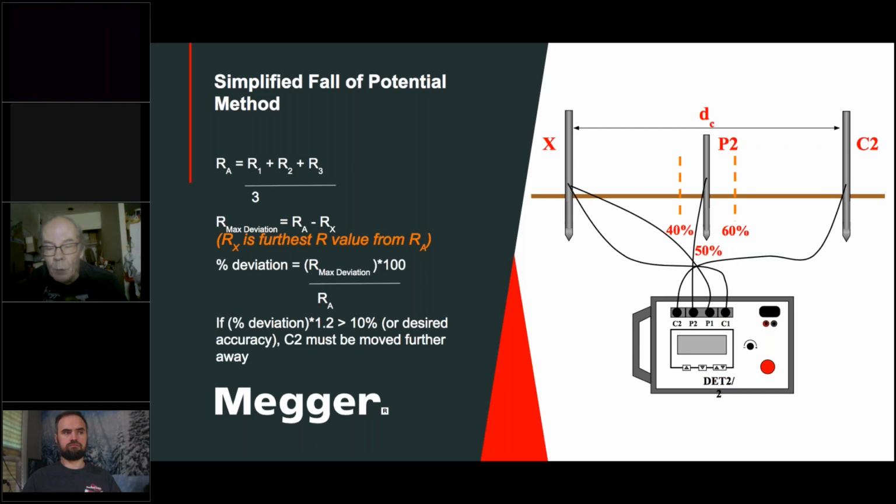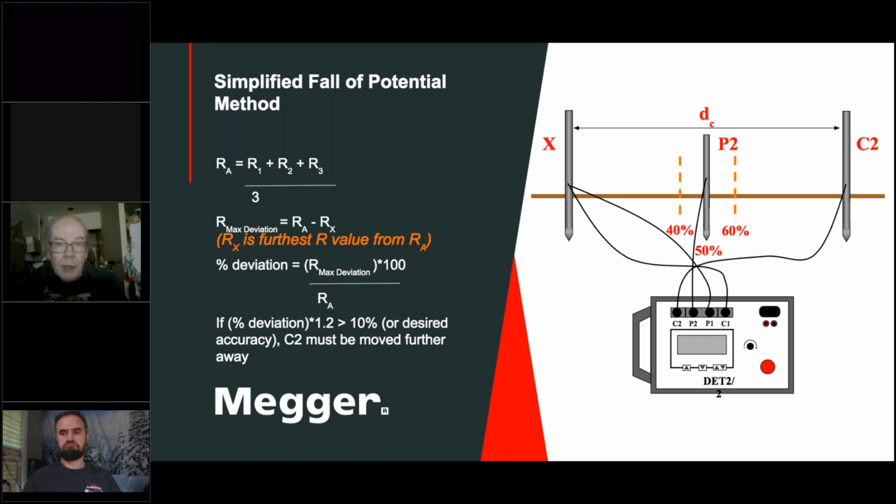However, what about if you're trying to commission a new ground and you haven't hooked it up to the utility? That's an open circuit and a clamp-on cannot be used. Bingo, end of story.